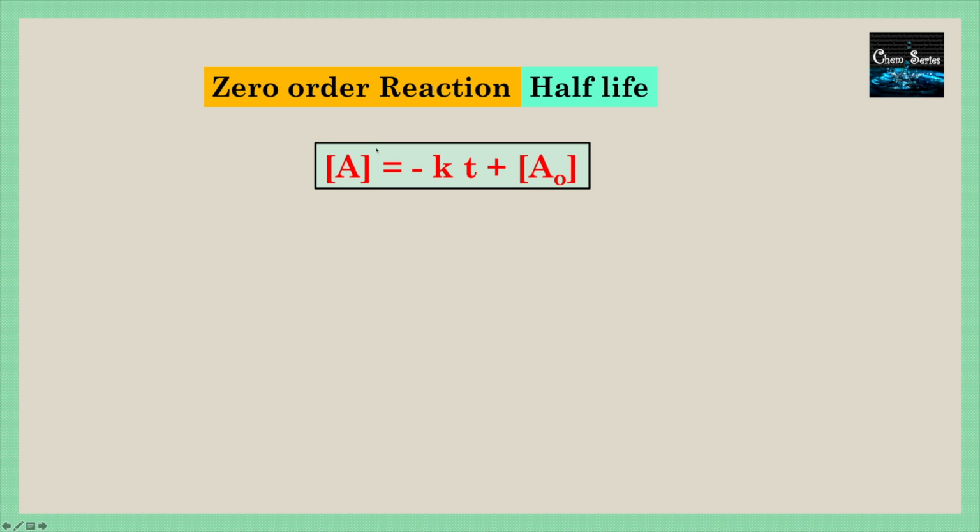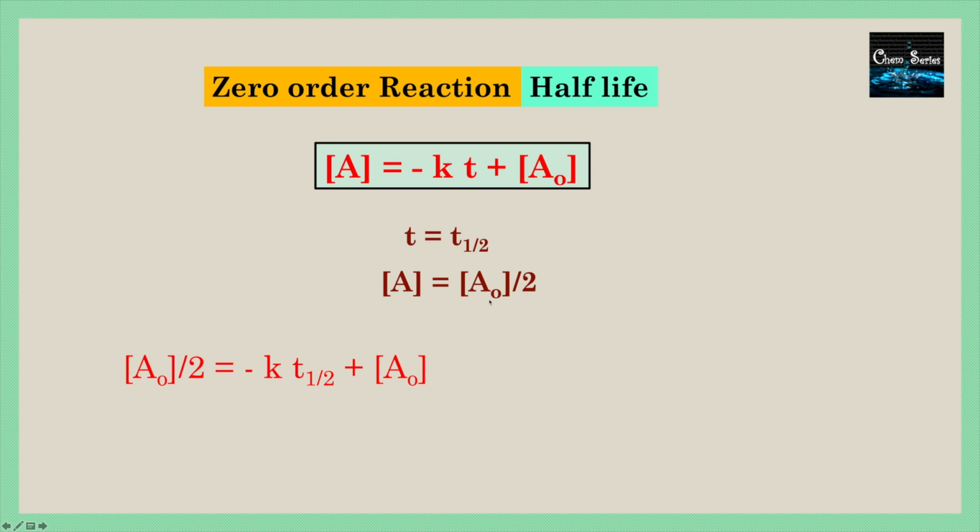So this is the rate constant equation, right? In this we have to substitute t by t half and the concentration of the reactant A by A naught by 2, because we need half-life. Why A naught by 2? Because it is half the amount of the initial concentration.